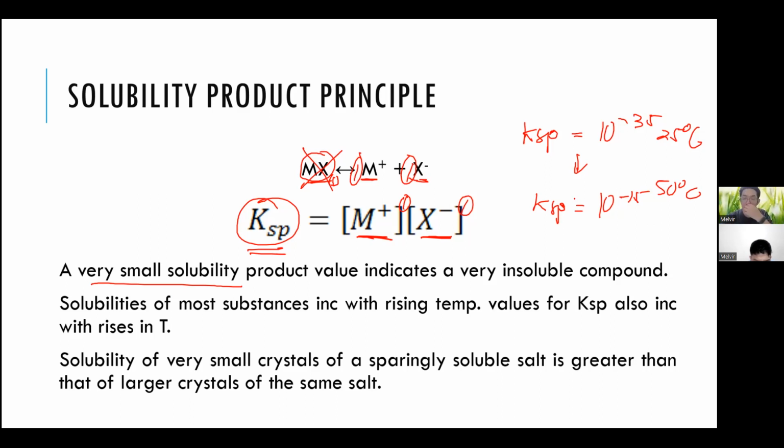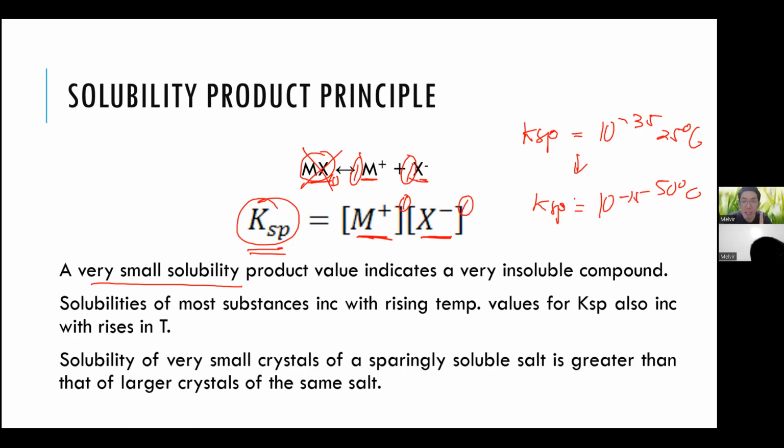So what do you expect, more ions or fewer ions, or more solid? Here is your equation: MX going to M plus plus X minus, just dissolution. More ions at 50 degrees Celsius. So how can you interpret that? More ions means more dissolving. Very good.